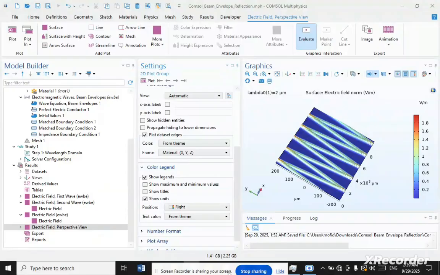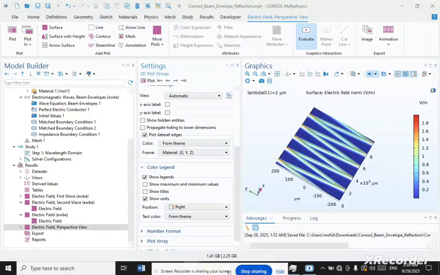The next one is unidirectional propagation, effective for modeling beam propagation in a single general direction. The next one is material nonlinearities, supports the inclusion of material properties like intensity dependent refractive indices.